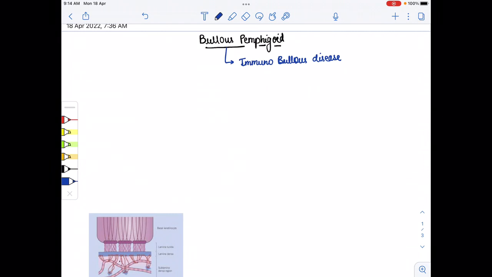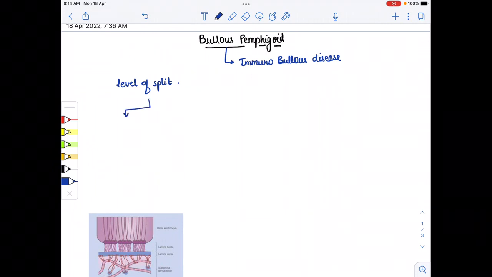So here I will also revise a few points. In autoimmune disease, or we can say immunobullous disease, we have the level of split, and on the basis of the level of split there is a classification: intraepidermal and subepidermal.